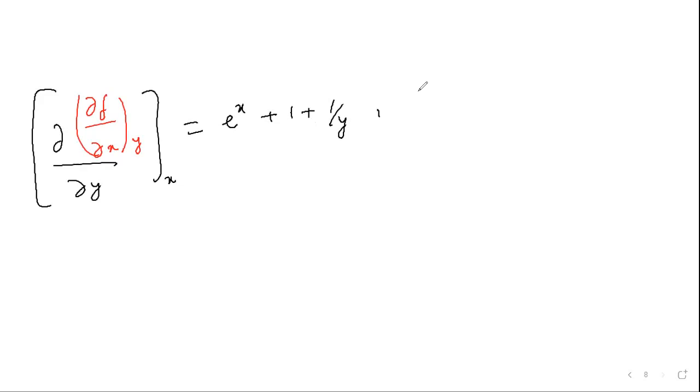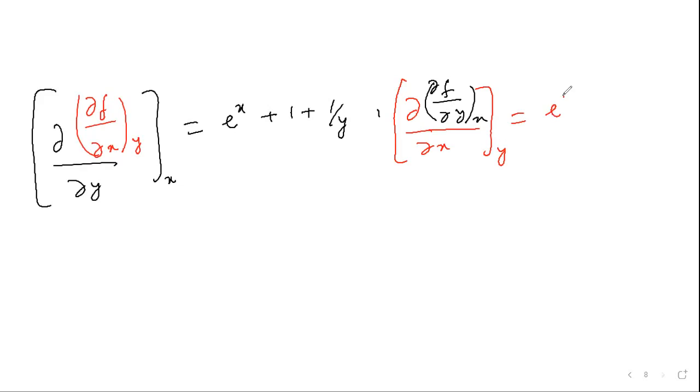Then what I have to do, I have ∂f/∂y, treating x constant. I have to differentiate that with respect to x now, treating y constant. It is to be differentiated with respect to x, treating y constant. It will be e^x plus 1 over y. We check it.